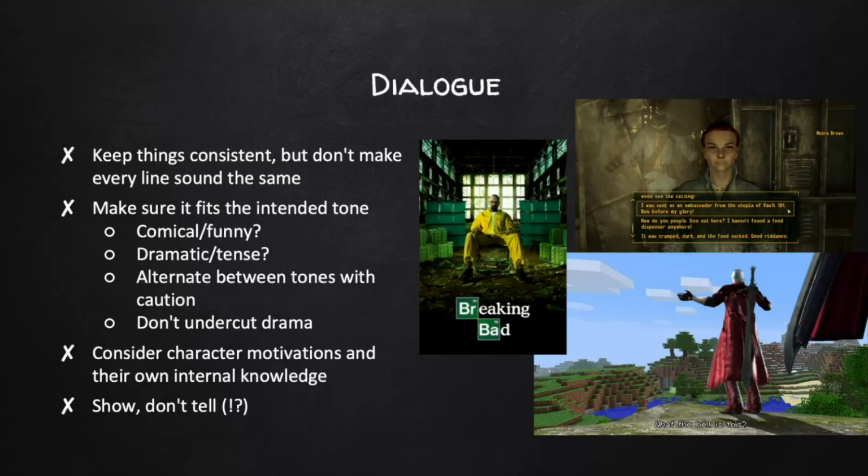Show don't tell is really important, which seems a little weird because dialogue is people telling things to each other, but what I mean by that is don't have your characters say I'm sad or I'm happy. They should have their own personality, their own interesting ways of expressing things. You can get a lot more out of a line that's a bit more vague, a little more mysterious and dramatic.